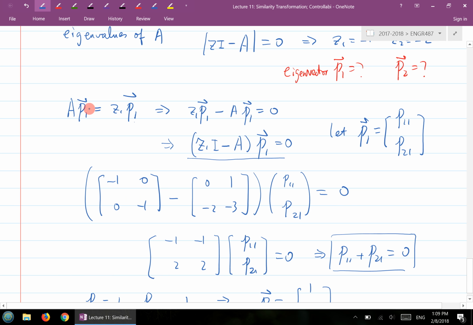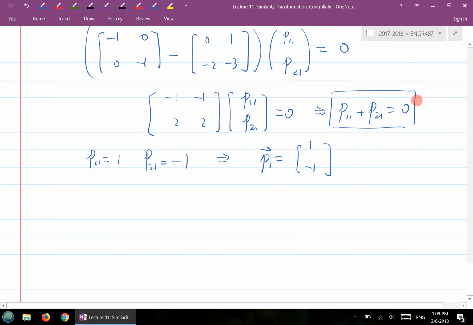Let's see, if I multiply a 2 here, that doesn't change the expression. Very good.